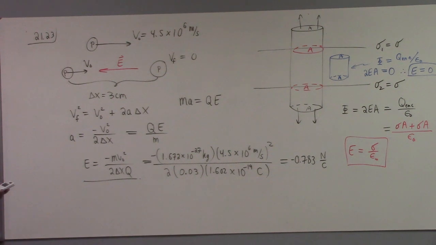1.672 times 4.5, square that thing, divided by 2, divided by 0.03, times 1.602. I get 904.